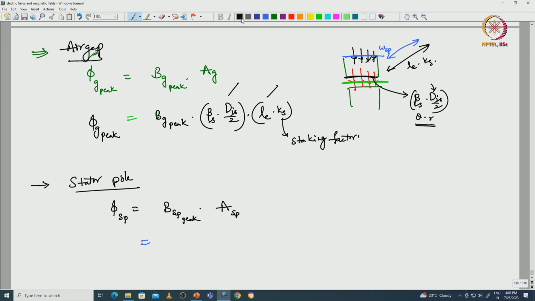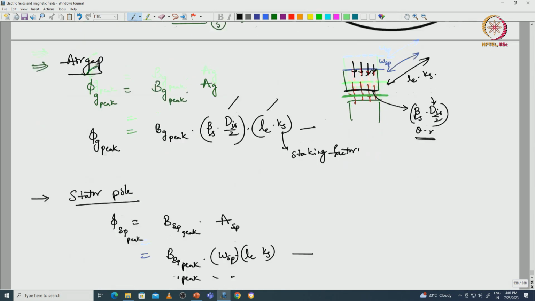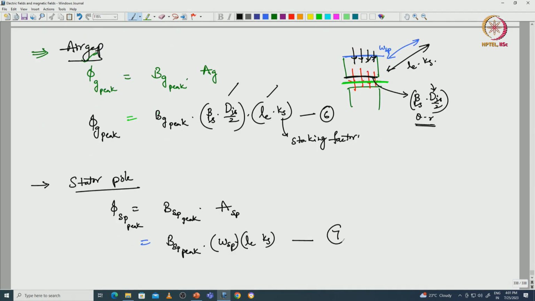So directly we can write the flux with respect to the stator pole peak value as BSP peak into WSP, that is the x axis length, into the y axis length Le into Ks. This is equation number 6 and equation number 7.